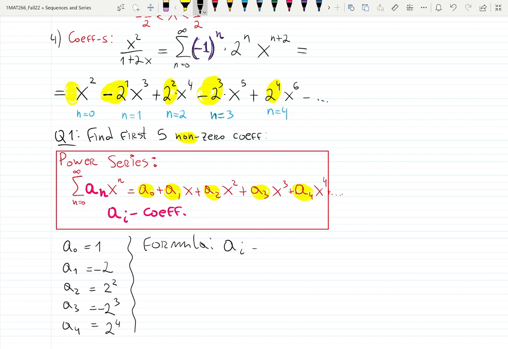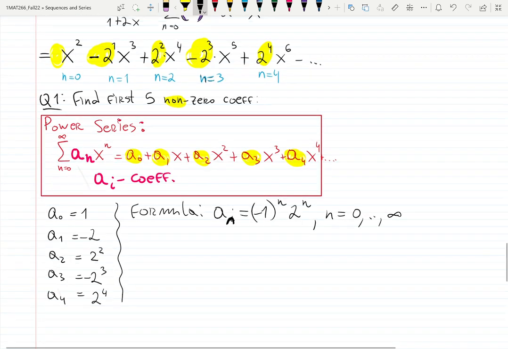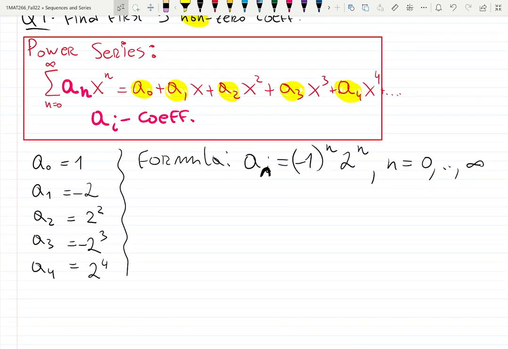A sub n will be minus 1 to the n, 2 to the n, and n starts from 0 to infinity. This is how we code it in programs: C++, Java, Python, R, whatever you're working with, MATLAB. This formula, we found it ourselves right before that.